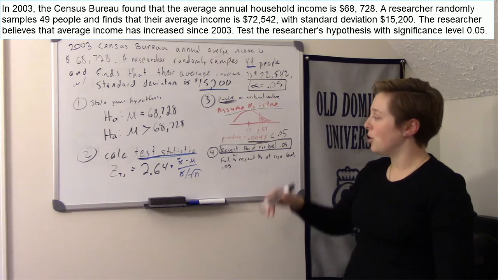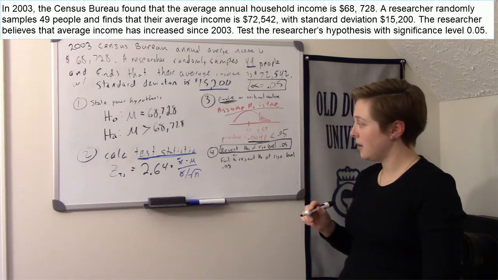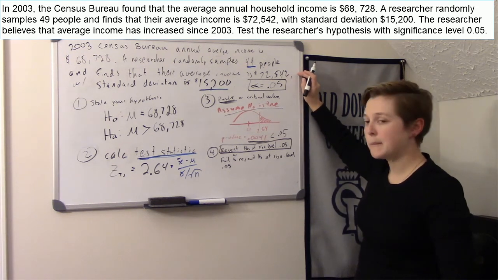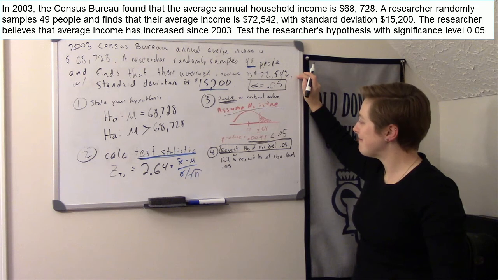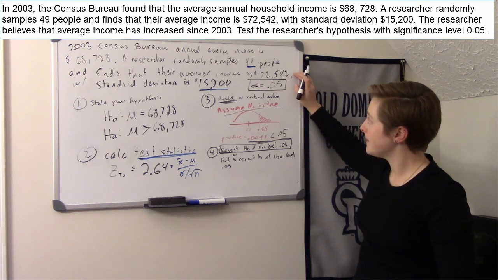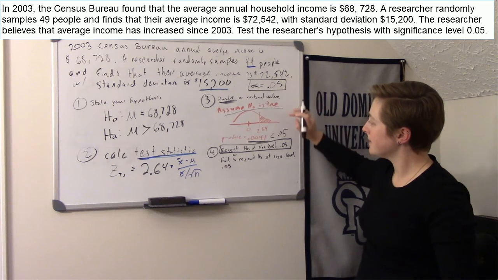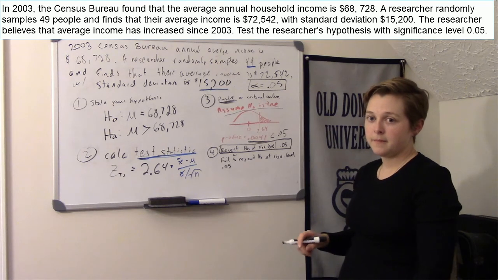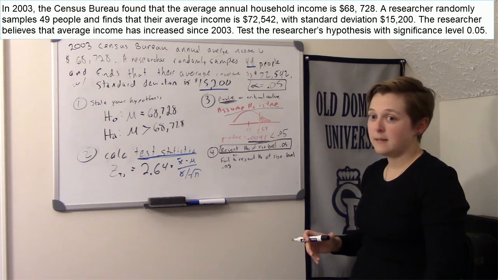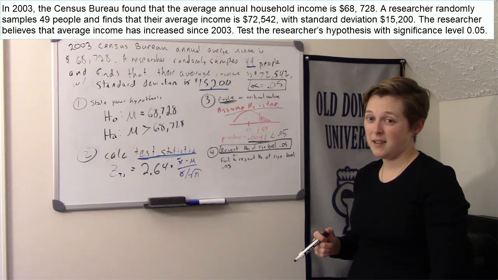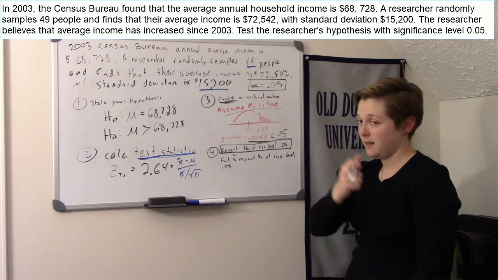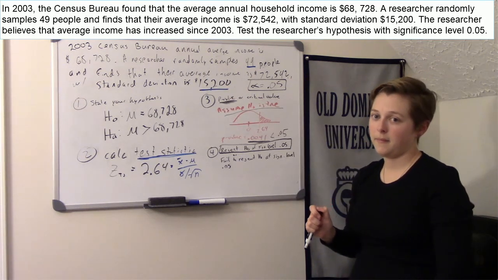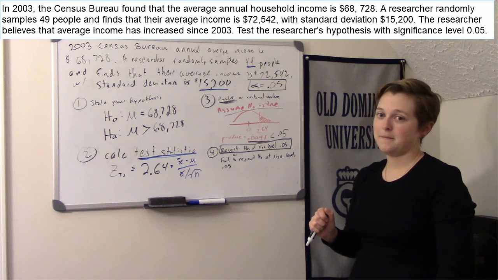We found that the probability of seeing an average income that high is 0.4%. So it's very unlikely, less than a 5% chance, that we're going to see an income that high if the mean is 68,728. Therefore, the true mean must be greater than 68,000 in order for us to witness something that high.